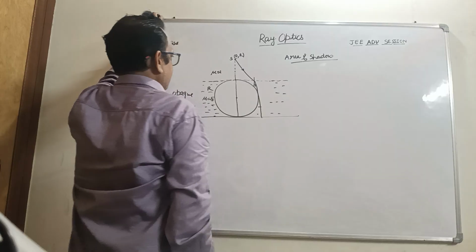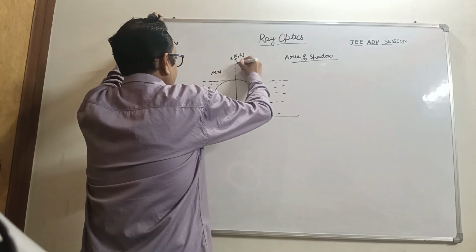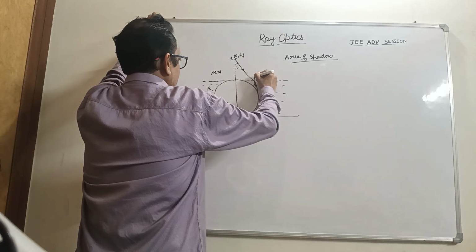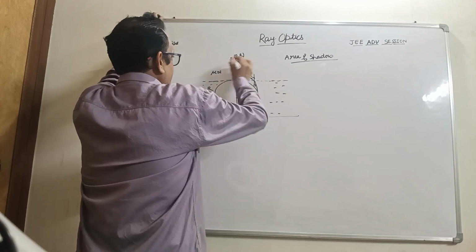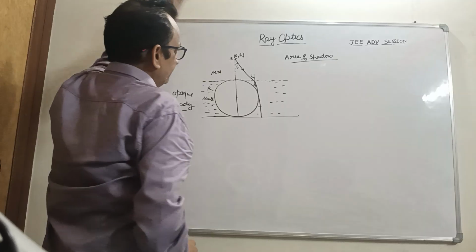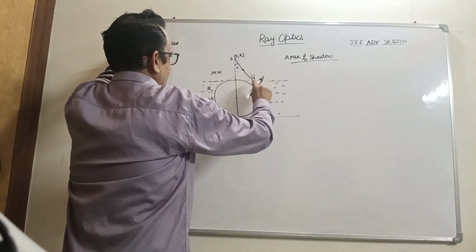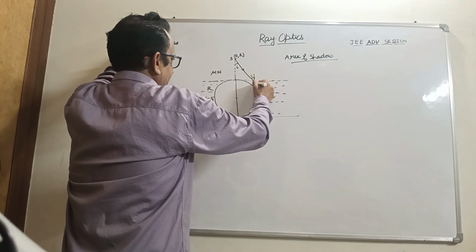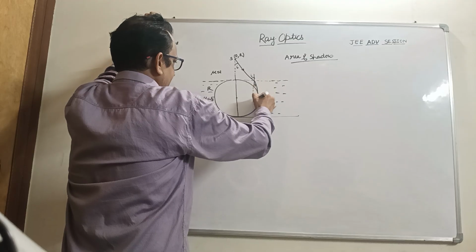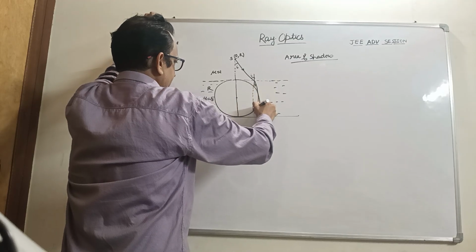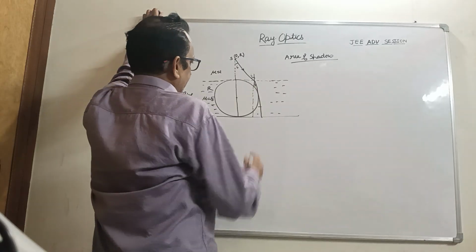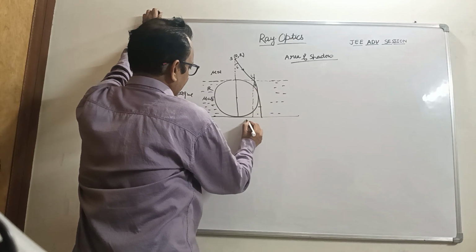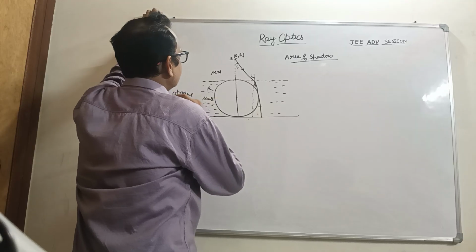This is the incident angle. So this would also be incident angle i. So this is the refracted angle. So draw a perpendicular here. This is the perpendicular.